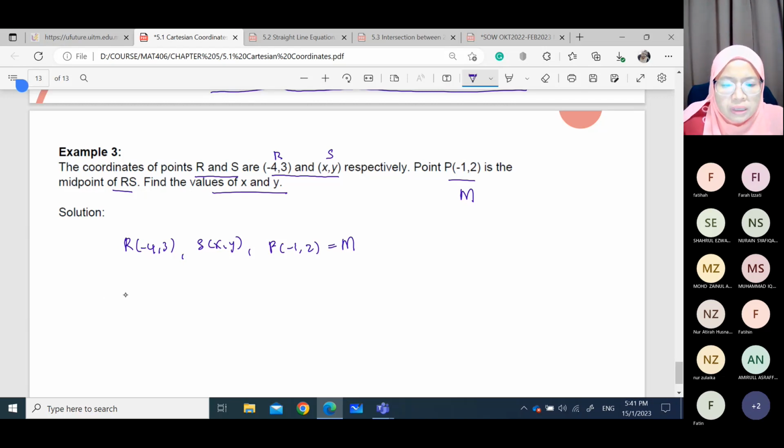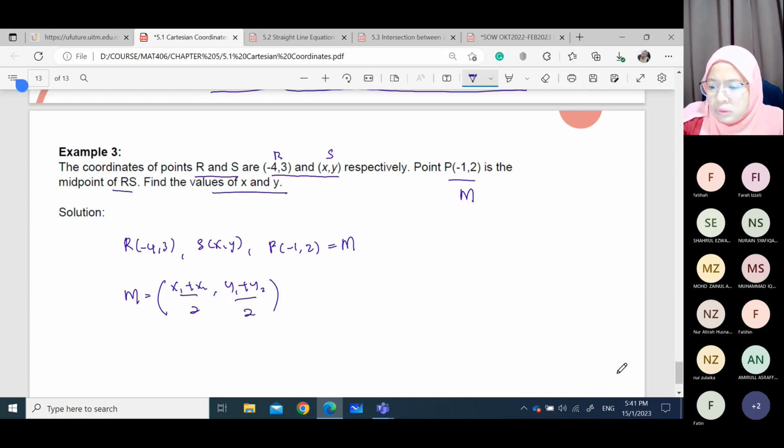Okay, so the formula for midpoint is x1 plus x2 over 2, and for y, y1 plus y2 over 2, equivalent with midpoint.